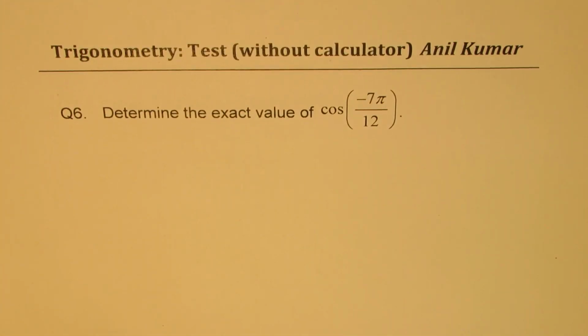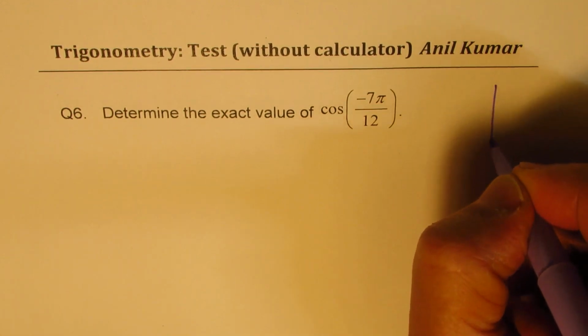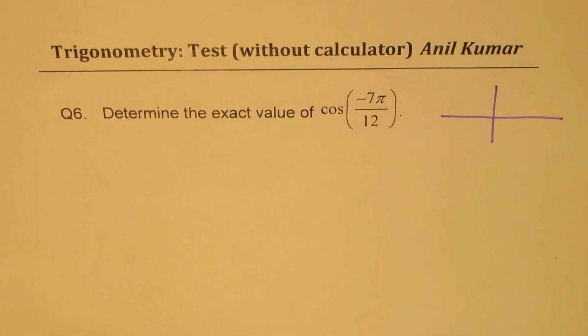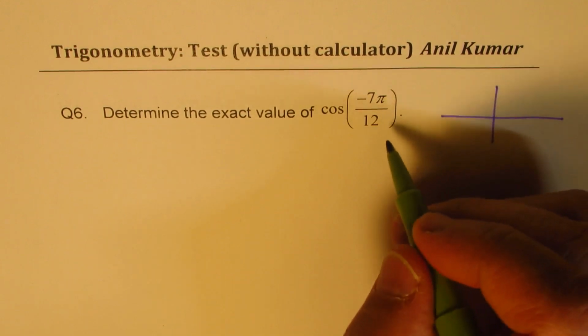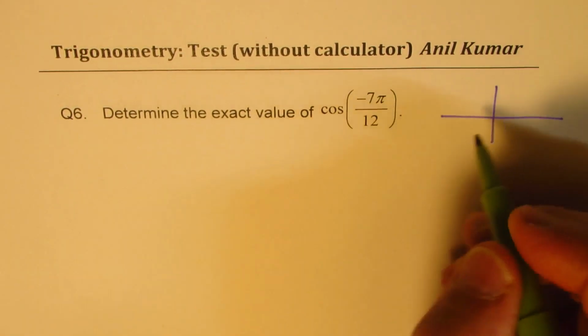Question number 6. Determine the exact value of cos of minus 7 pi by 12. Now when you do cos of minus 7 pi by 12, you could do it in different ways. So one method here, which I like, think about it like this, minus 7 pi by 12.